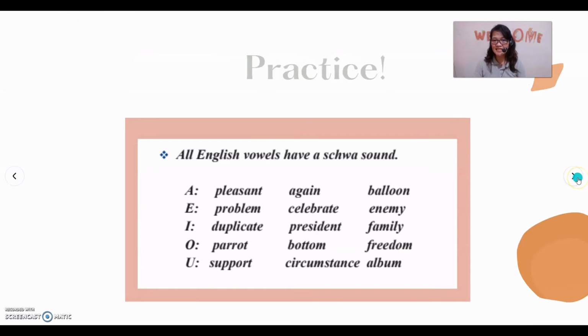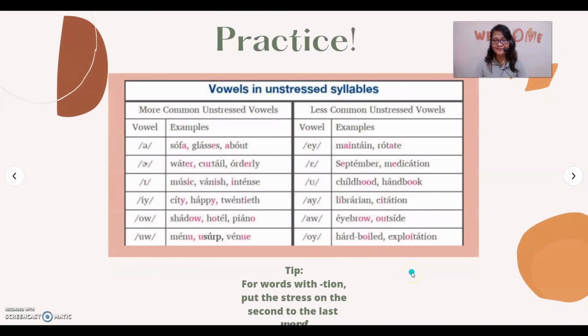So let's practice some more. These are the vowels in unstressed syllables, just like what we were practicing earlier. We have sofa. When you see this apostrophe, this means this is the one that you have to accent or emphasize. Sofa. Glasses.